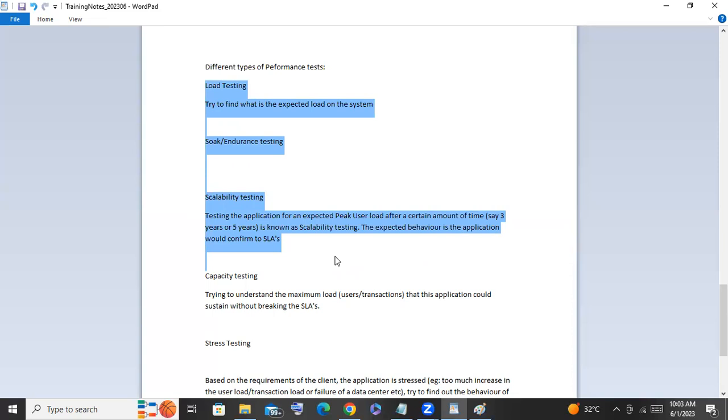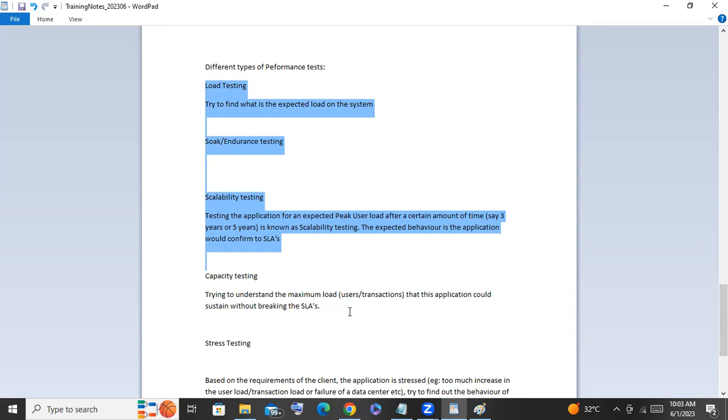And guys, again, whatever kind of performance test you are talking about, what you are basically doing is increasing the number of users, maintaining it for a certain point of time, and decreasing it. That is all that you are doing, right? There is no difference in any other types of performance test.